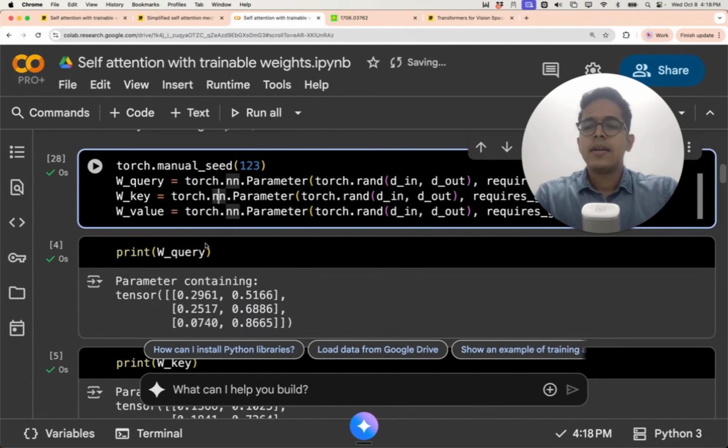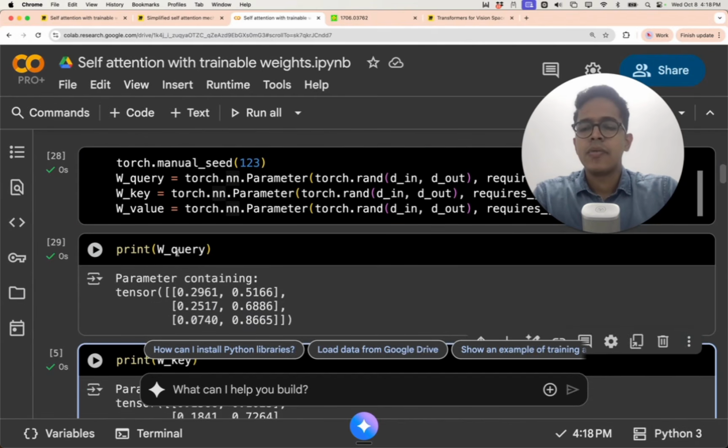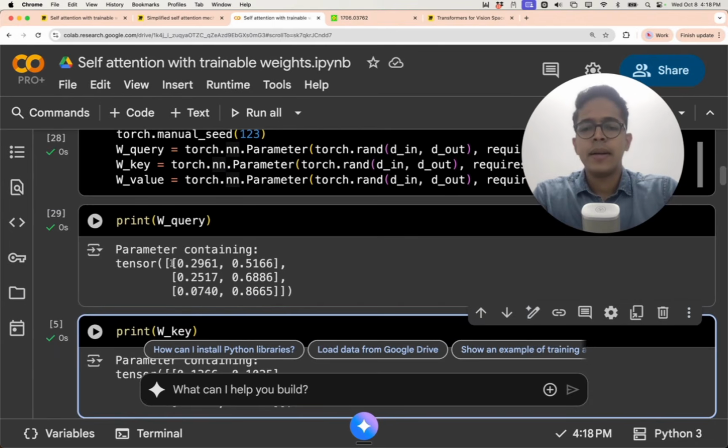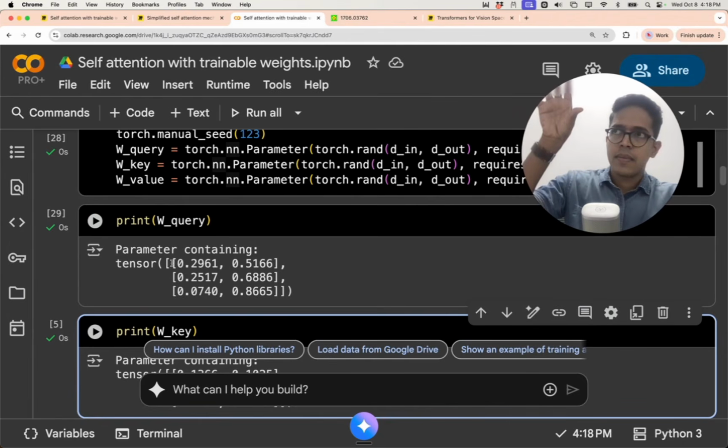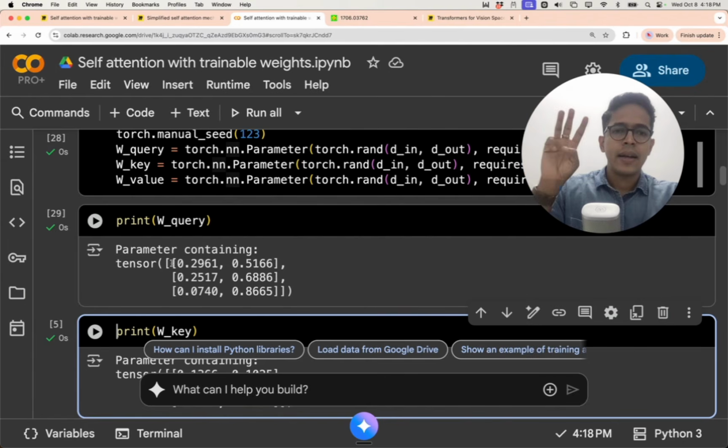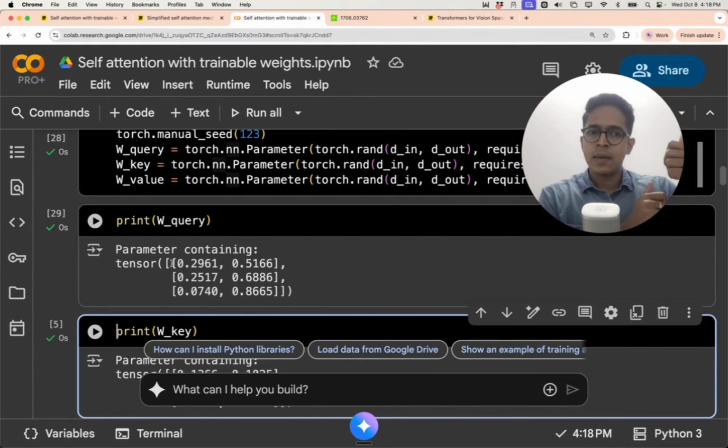Now we can print a sample matrix here. So if we print W query, the query matrix is 3 by 2. Why 3 by 2? Because my input is 6 by 3. I have 6 words in the sequence, and each word is 3-dimensional. In my previous example, there were only 5 words.